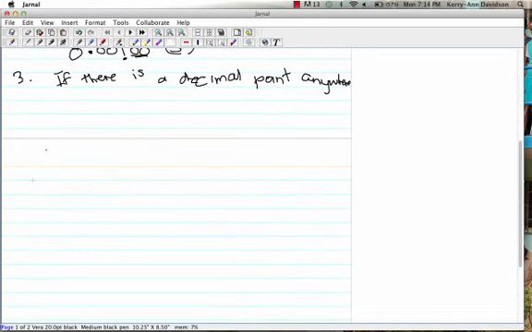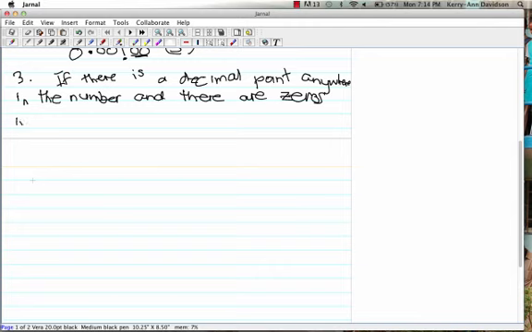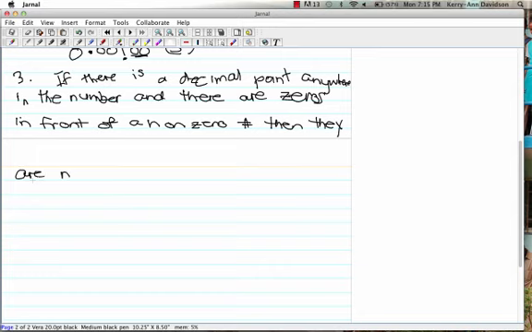If there's a decimal point anywhere in the number and there are zeros, there goes those zeros again, in front of a non-zero number, then they are non-Sig Fig. They're just placeholders, okay? That's all they are. Those zeros are placeholders.